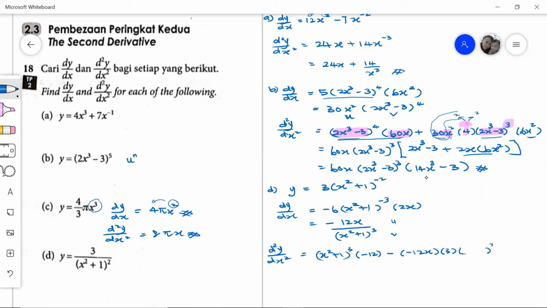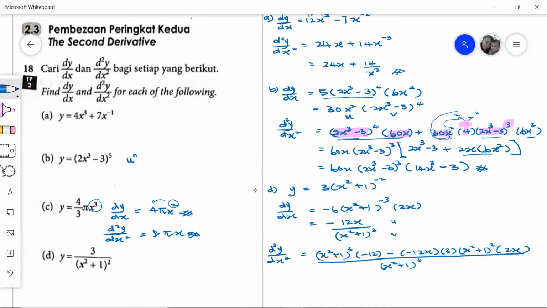This is do outside and do inside. So we have 2x. As we do outside, the inside is untouched. So let's copy this. And don't forget the quotient rule formula, we need to square the v. So we have x squared plus 1 cubed, after we square, to the power of 6.